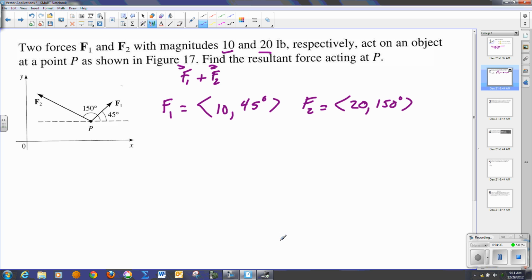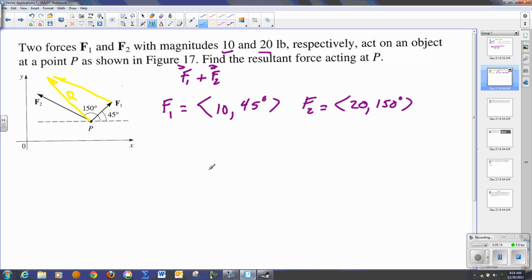Now if you think about this, if I were to add these two by tip-to-tail method, I start here, go up to the tip, tip-to-tail, and connect. So this right here, I'll put R, is my resultant. So the answer we should be getting is some vector that's probably a little bit longer than either 1 or 2. And I could also, if I wanted to, calculate its direction, but this problem didn't ask us to, so we won't. All right, so let's go ahead and do these calculations.